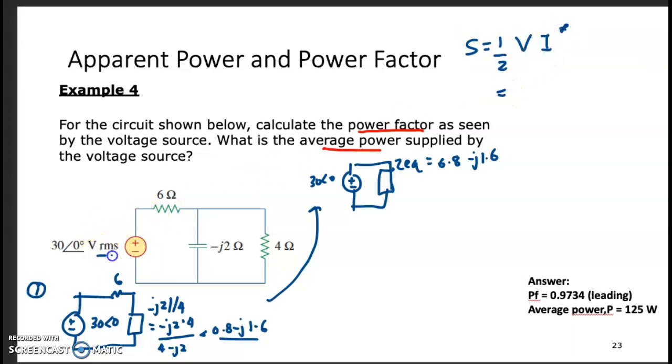So in order for you to calculate the complex power, you need to use these two formulas, or in this question it's given in RMS, right? So you just use the formula for RMS without the half. So now it's given here in RMS, so you need to calculate the current here. What is the current RMS here?